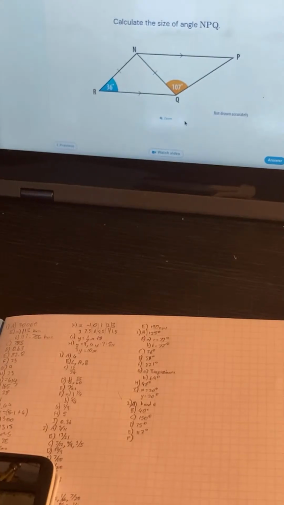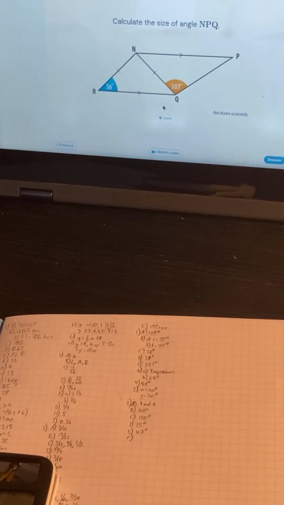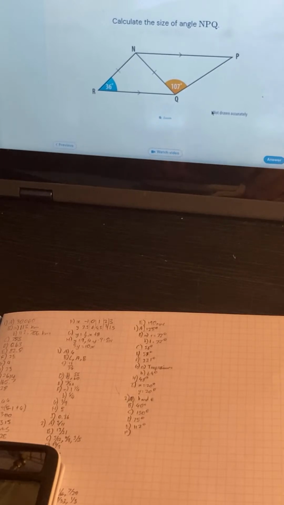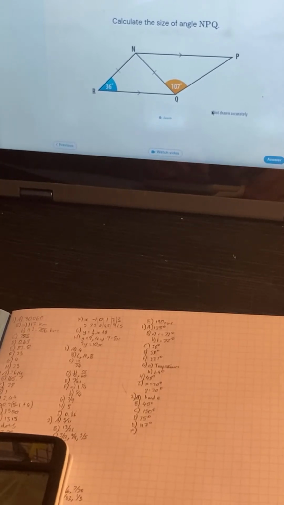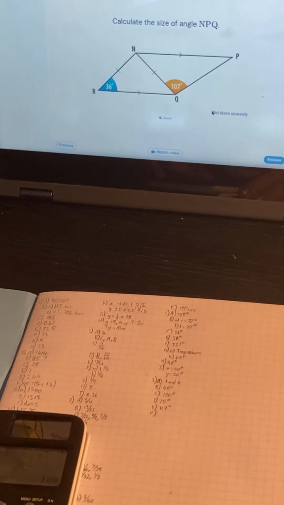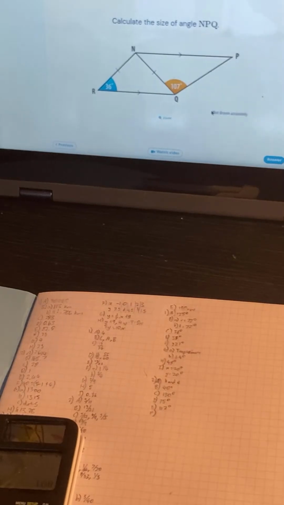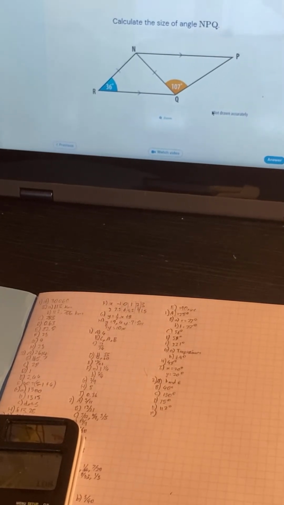F. NPQ. Right, 180 subtract, oh, I can't type. 180 subtract 2 times 36 gives us that angle. Oh no, it's not very useful. Oh, it is useful.